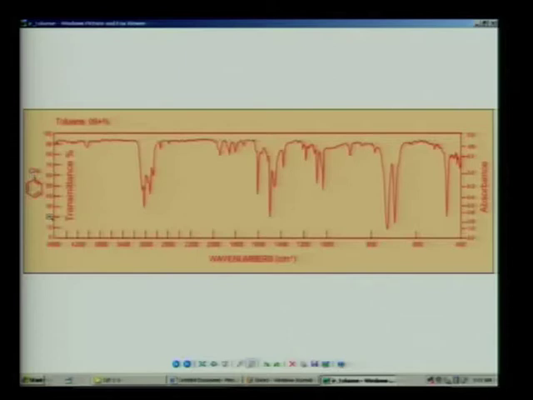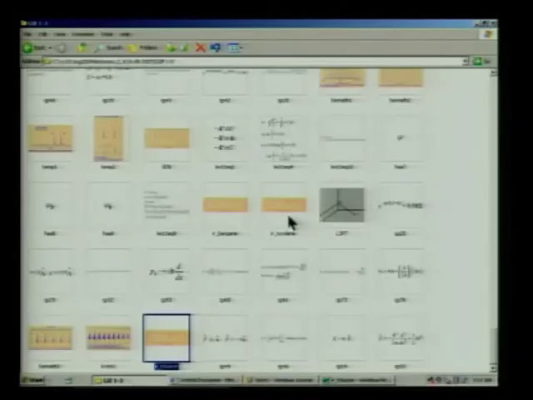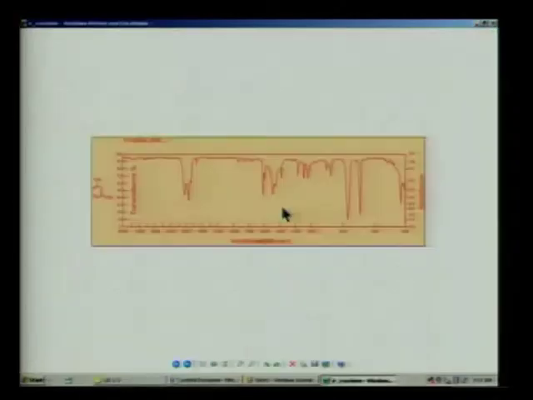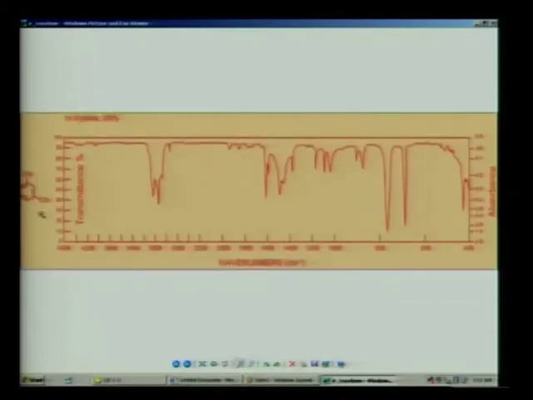Now if we have some doubts about this, let us look at the infrared spectrum of the next compound, mesitylene, which is basically 1,3-dimethyl benzene.